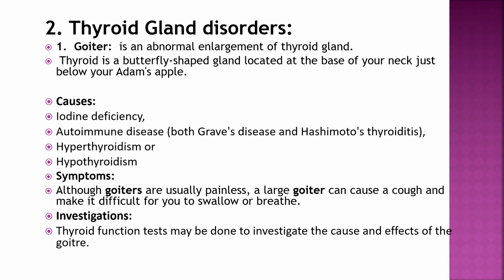Goiters are usually painless, but a large goiter may cause cough and difficulty swallowing or breathing because of the pressure effect. Investigations done are thyroid function tests, to investigate the effect and cause of the goiter.